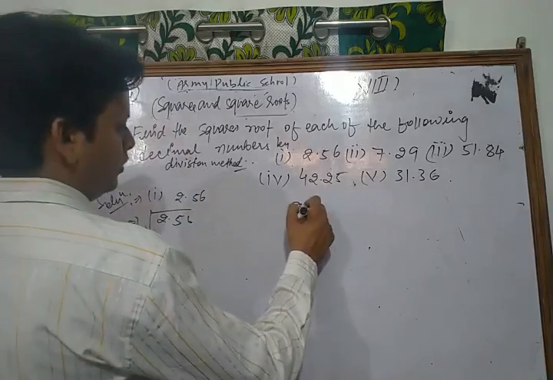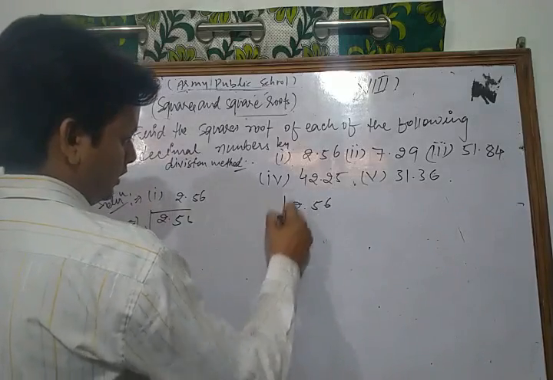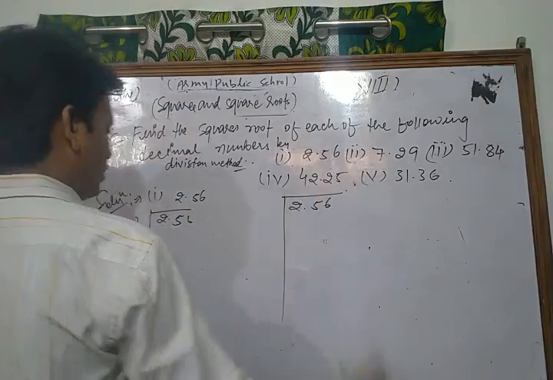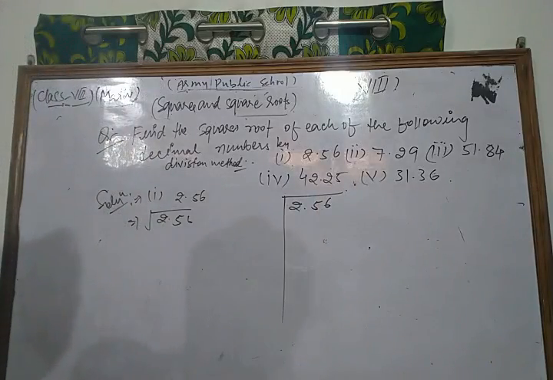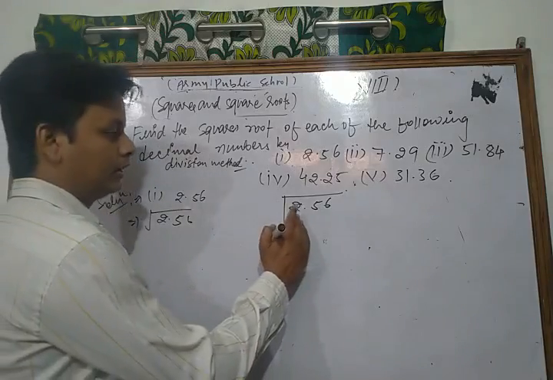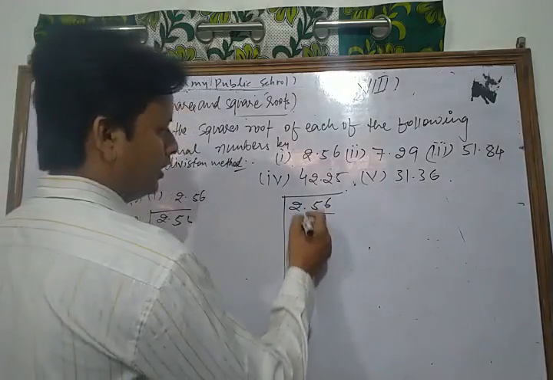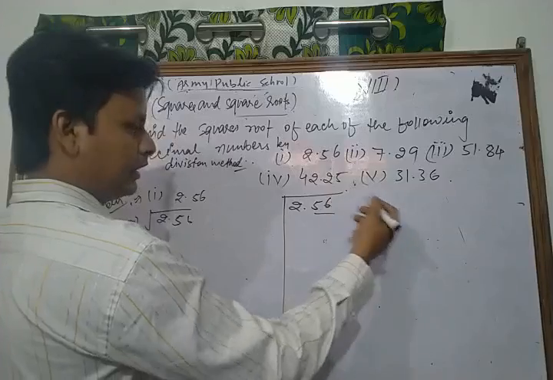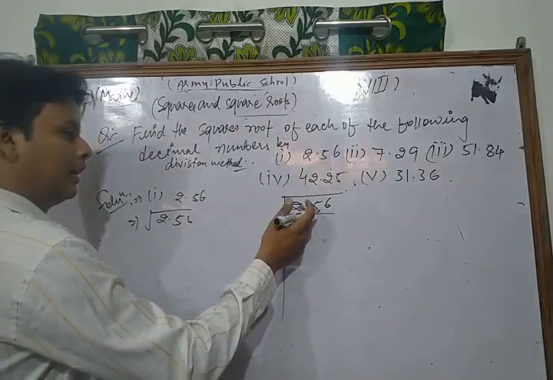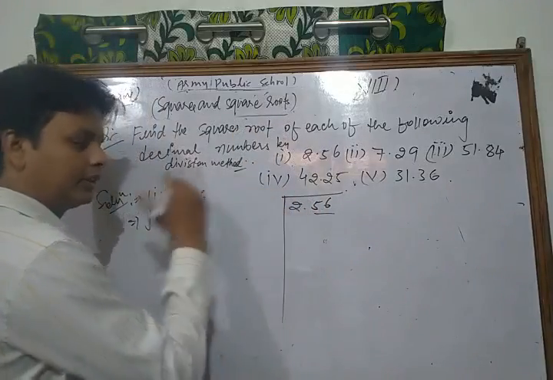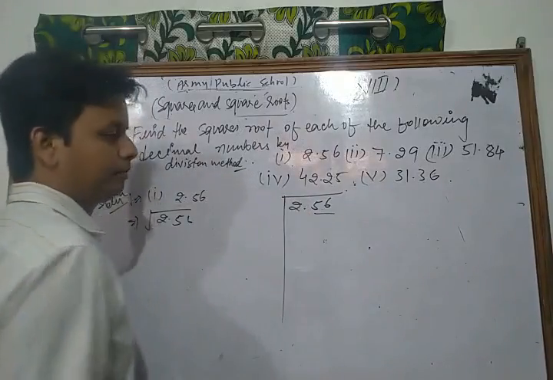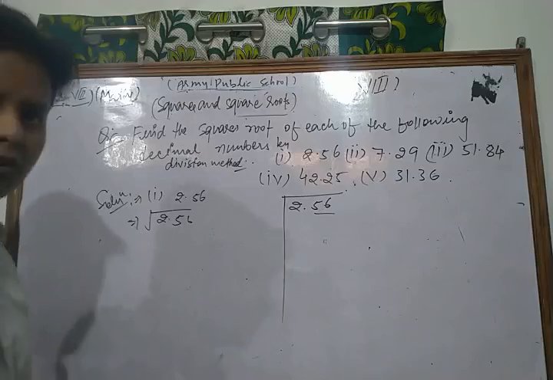So let's see, 2.56. Now, dear students, in that method we form pairs. We apply the same process here. After the decimal place we write so many zeros, and we also form pairs on the left side. So this is 2 only, which is one digit, so it does not form a pair.